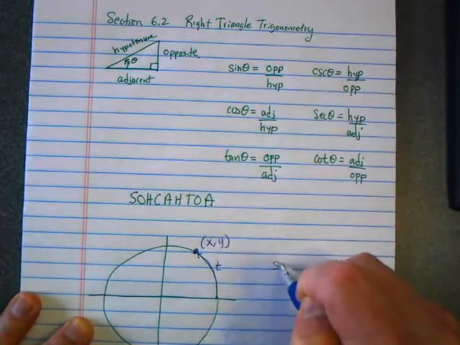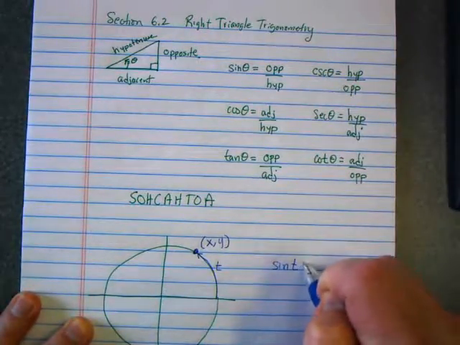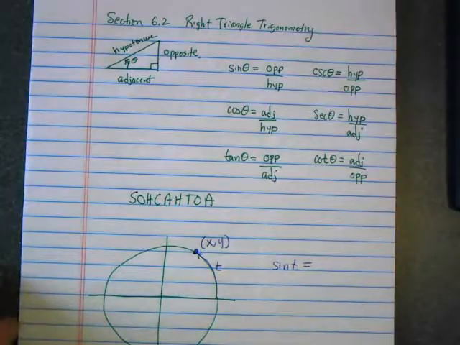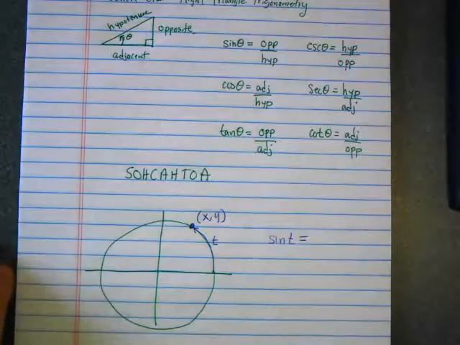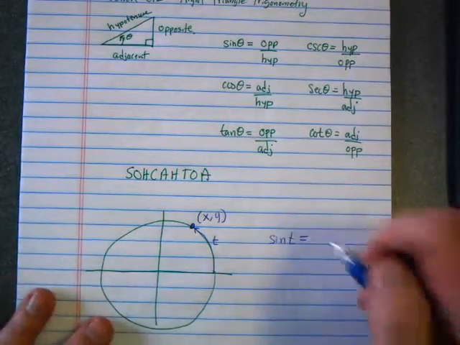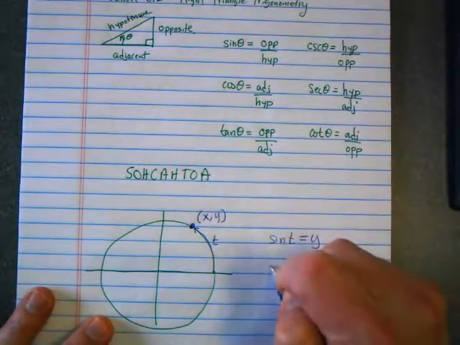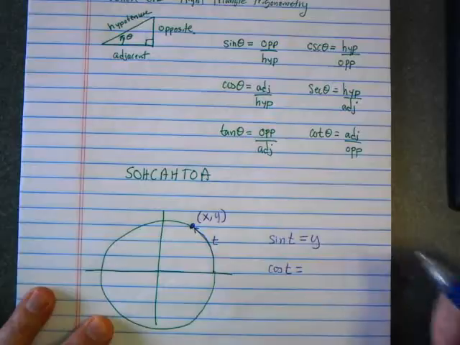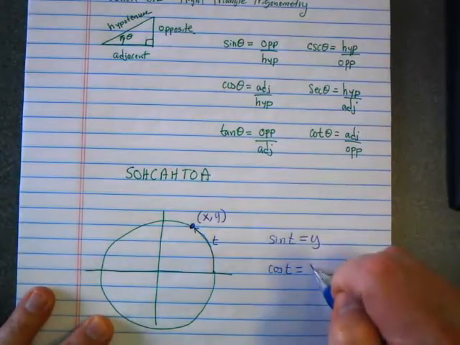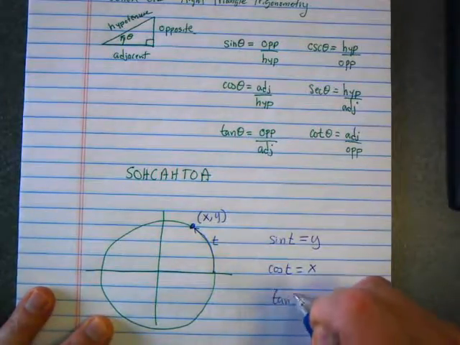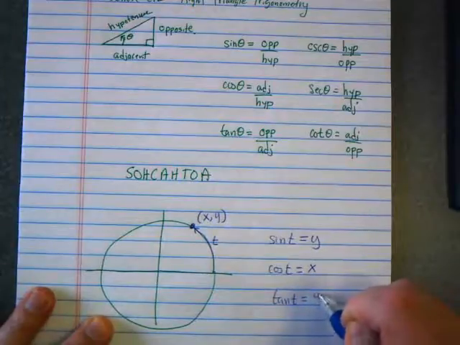So we said sine t is, how did we define it in terms of a unit circle? Sine was y. And cosine t was x, and tangent t was y over x.